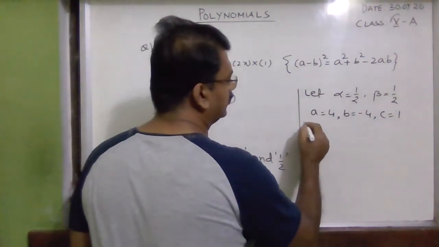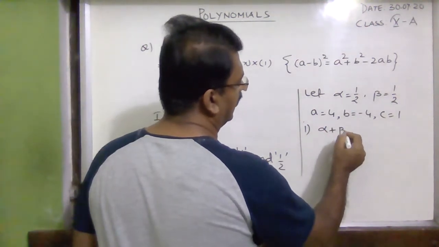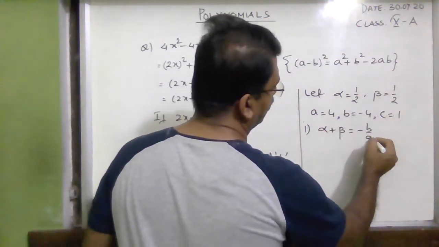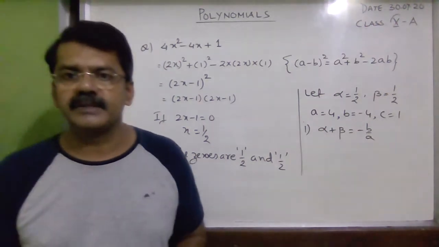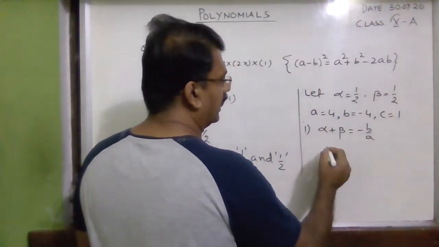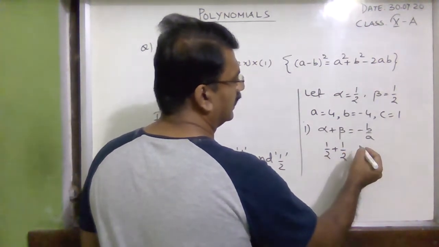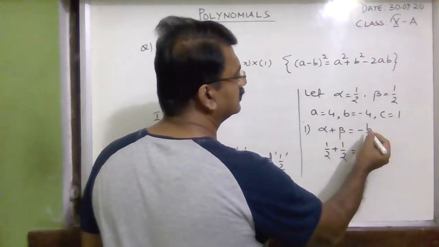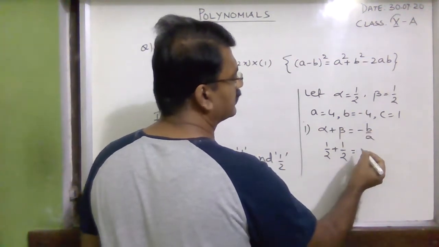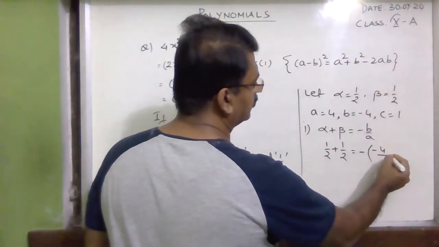Now the first relationship is alpha plus beta is equal to minus b by a. Now you see, 1 by 2 plus 1 by 2 is equal to minus, that is b is minus 4 and a is 4.